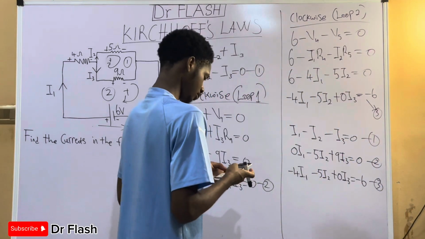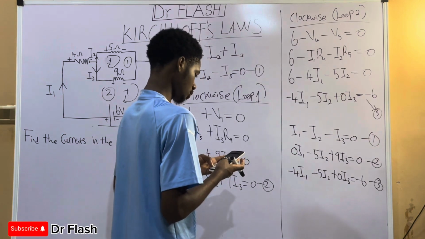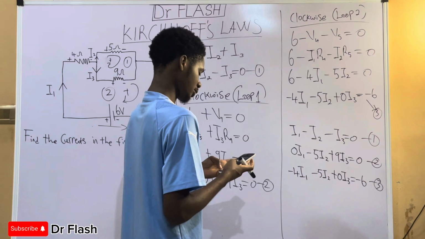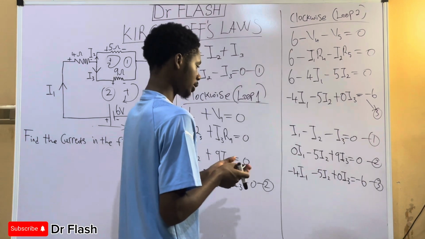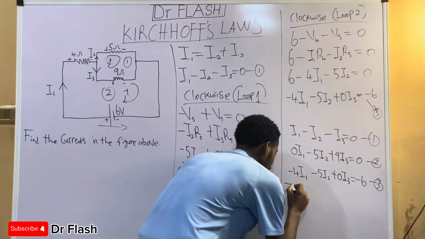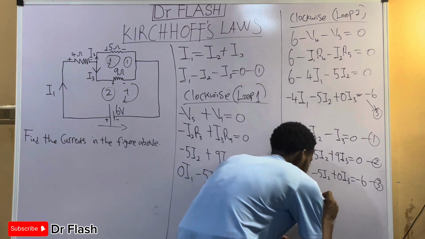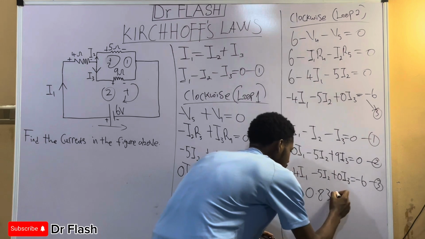So you have 1, minus 1, minus 1, 0; 0, minus 5, 9, 0; minus 4, minus 5, 0, minus 6. This gives us I1. This means that I1 is equal to 0.83 to 2 decimal places, in amperes.